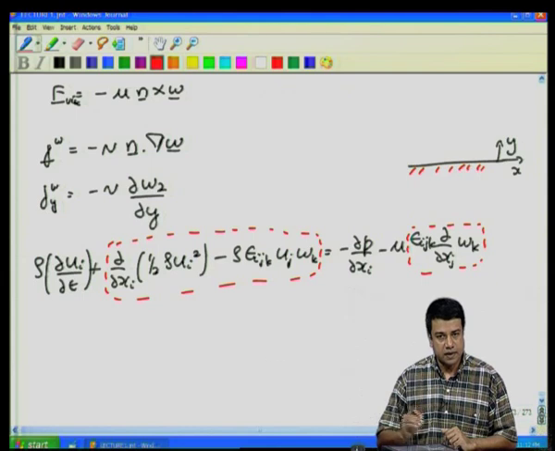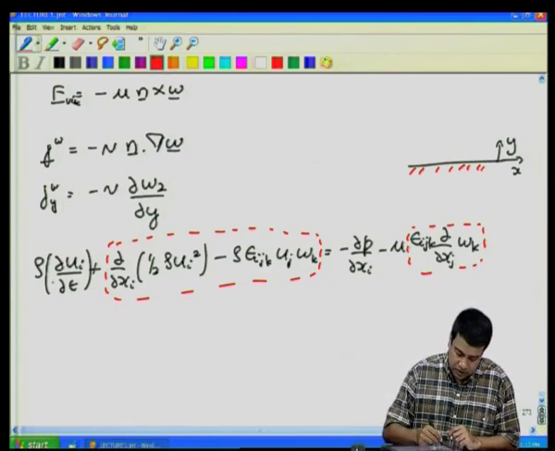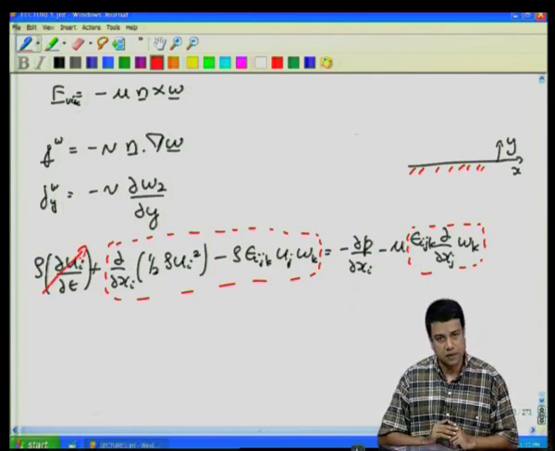If you apply this equation at the surface itself, we have a no slip condition at the surface. And therefore, all terms proportional to the velocity will go to 0. The first term goes to 0 because if the flow is at steady state it is identically equal to 0.